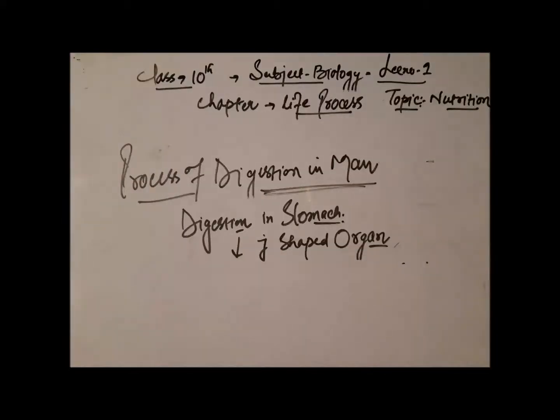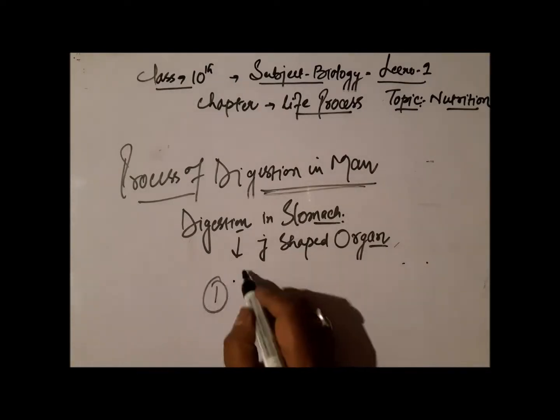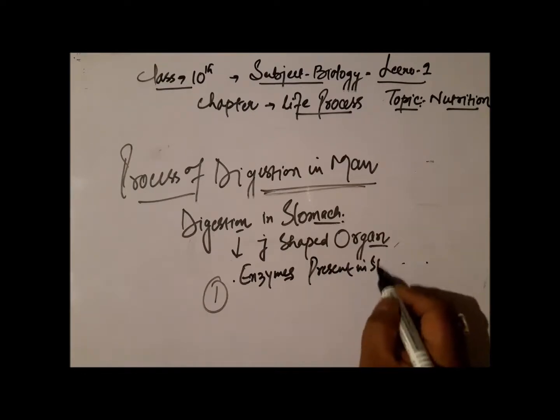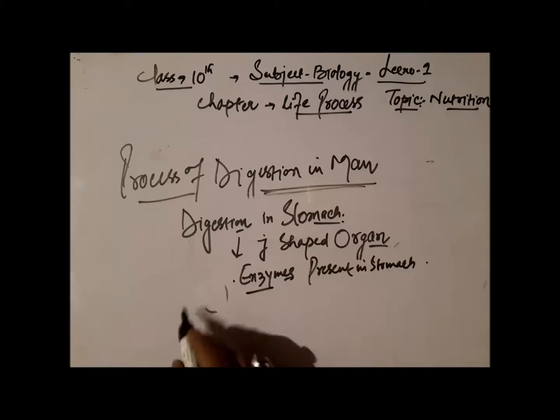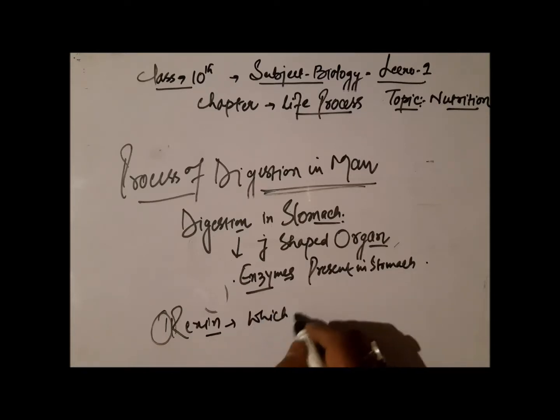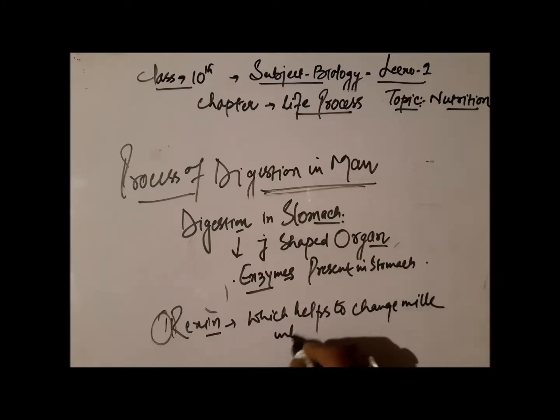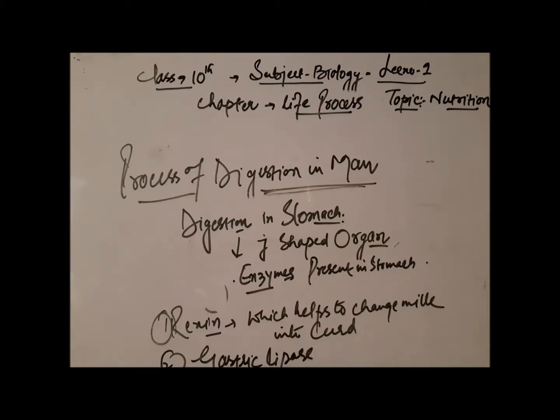Now, as far as the enzymes present in the stomach are concerned, number one is renin, which helps to change milk into curd, and we call that paracasein. Number two, gastric lipase, changes fats into fatty acids.